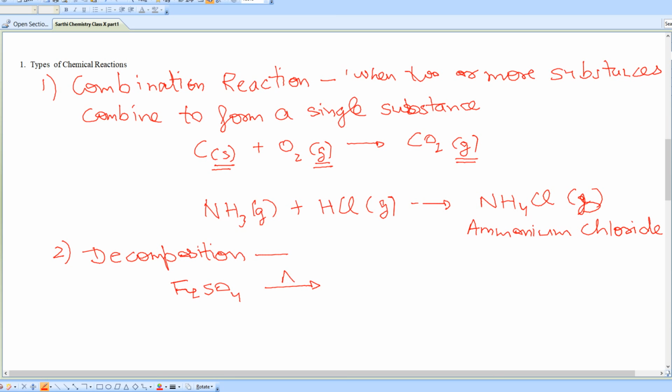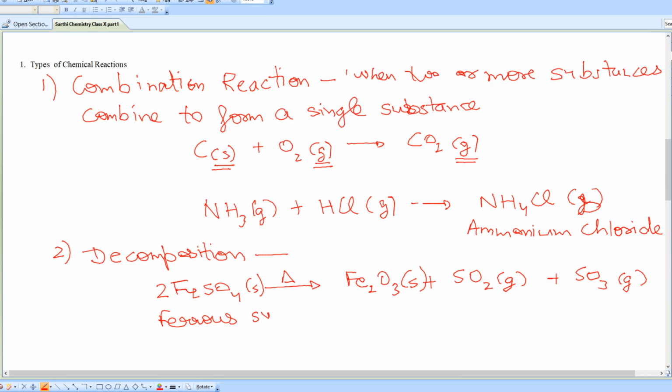Ferrous sulfate crystals upon decomposition form ferric oxide plus sulfur dioxide gas plus sulfur trioxide gas, SO3 gas. Now this Fe2O3 is solid and FeSO4, of course, is solid. So these are my ferrous sulfate crystals.